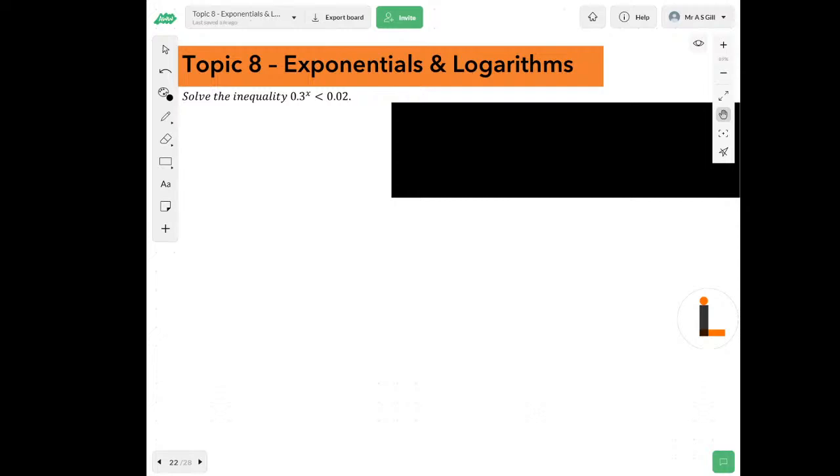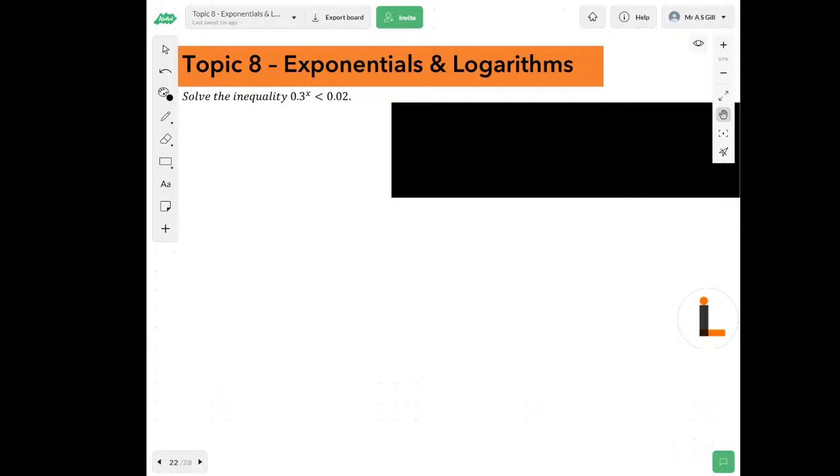Okay. So we've got again an inequality here. And again, what we want to do is use logarithms to work out these values.